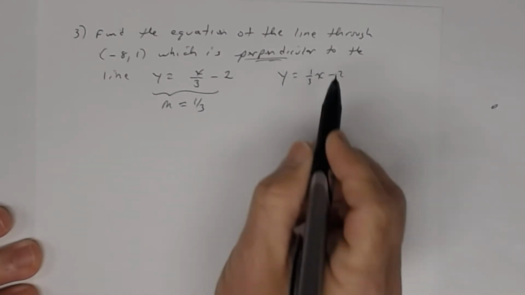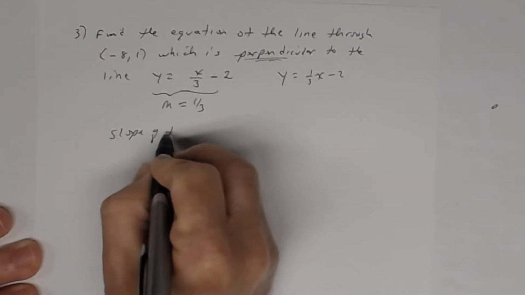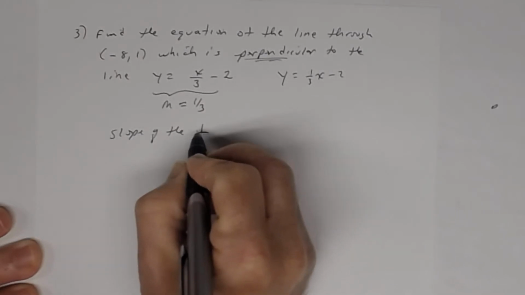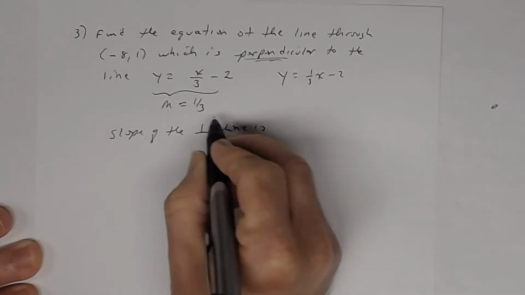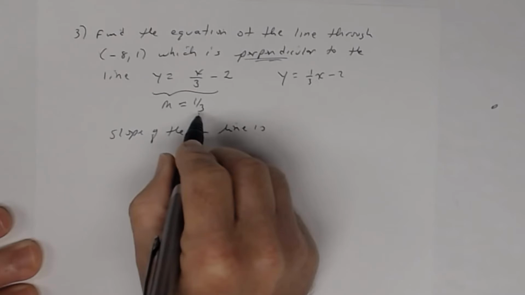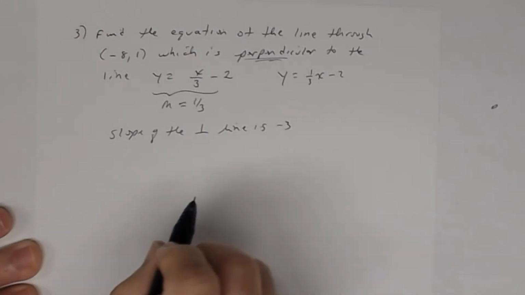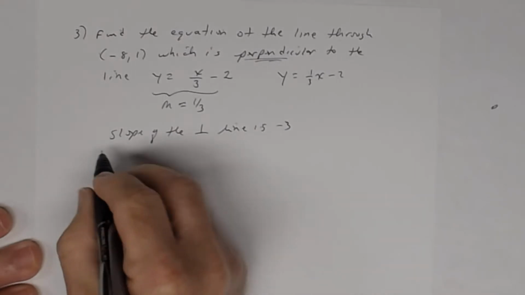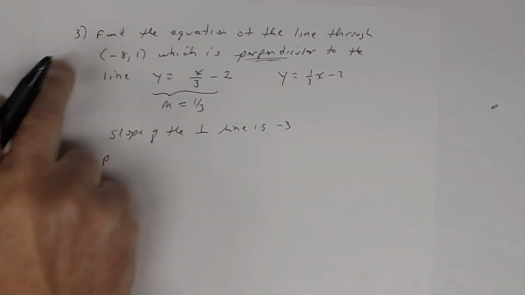So since I'm dealing with perpendicular, you would say the slope of the perpendicular line, I'm going to write it as the symbol perpendicular, is the opposite reciprocal. Well, the opposite reciprocal of 1/3 is a -3. All right? Okay. Now, let's use point slope form. So first thing you have to do is find the slope of that line you're interested in.